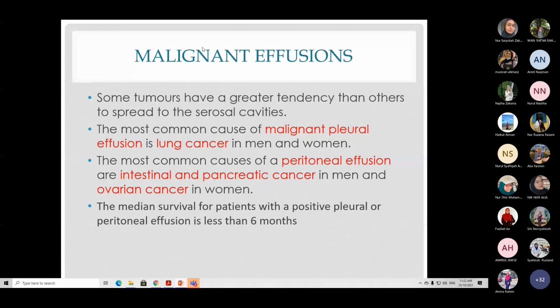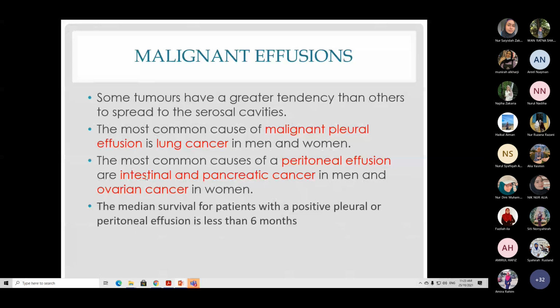So the most common cause of malignant pleural effusion is from what? It's from lung cancer, in both men and women. And for peritoneal, just now you know about pleural, but for peritoneal, the most common cancers that cause peritoneal effusion are intestinal and pancreatic cancer.